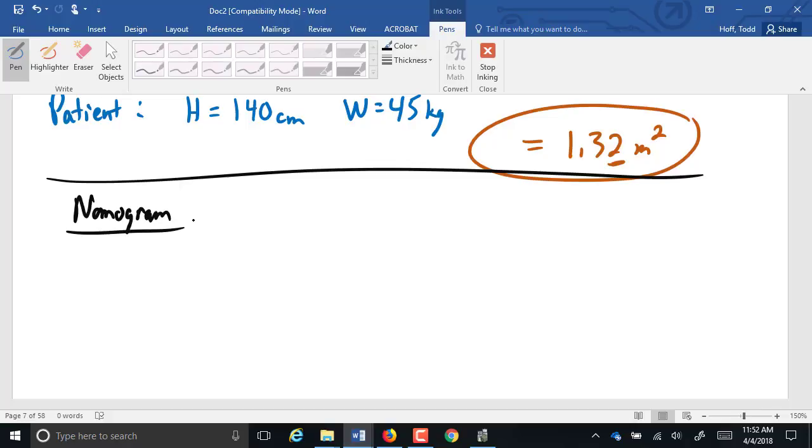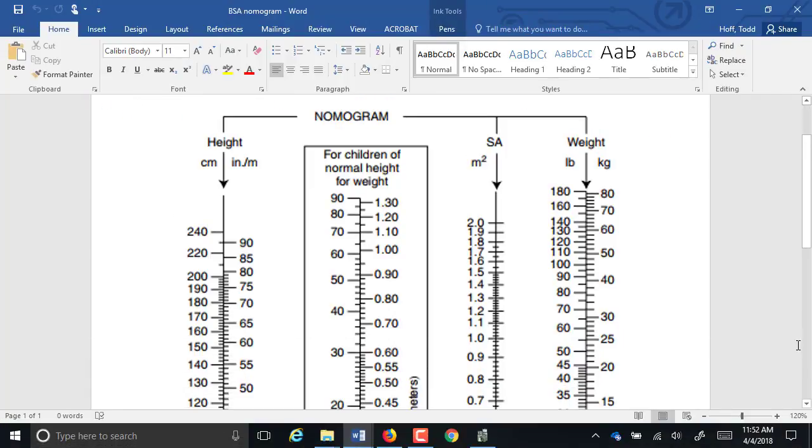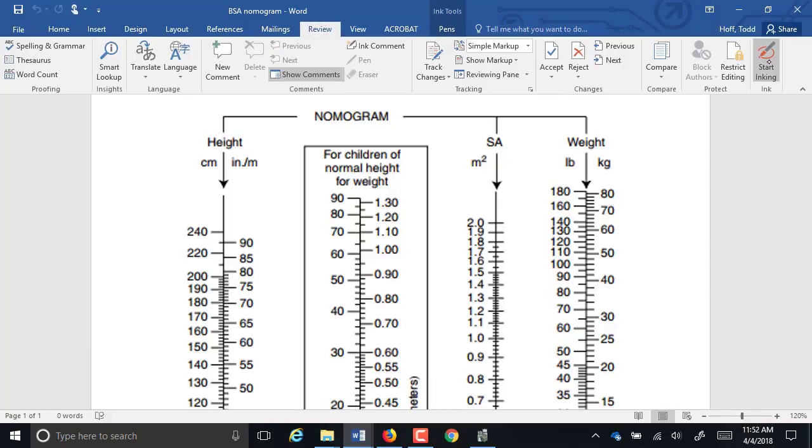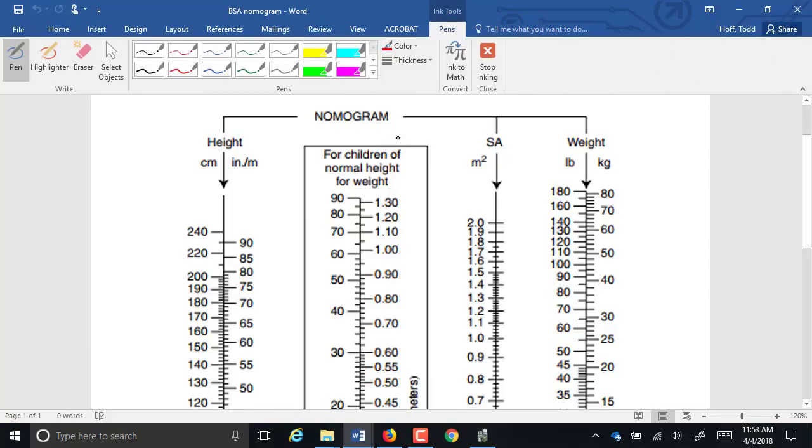The nomogram for body surface area uses height and weight, and it can be used for any units. And it looks like this. Now this nomogram, the example I have here, is actually two different charts combined together. For the actual body surface area nomogram, we're using the height here, the weight or mass over here, pounds or kilograms, and then the body surface area is given in this column here.